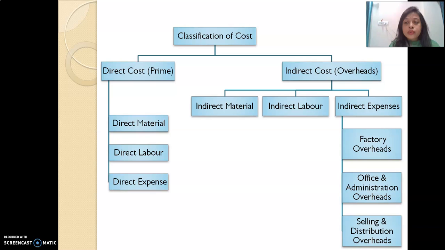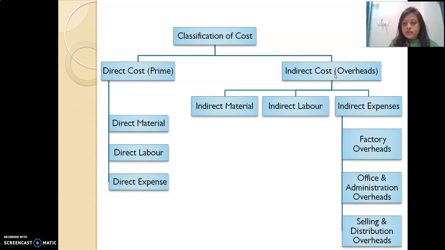Now, how do you classify the cost? The classification of cost is again done as direct cost and indirect cost. Direct costs are direct materials, direct labor, and direct expenses.